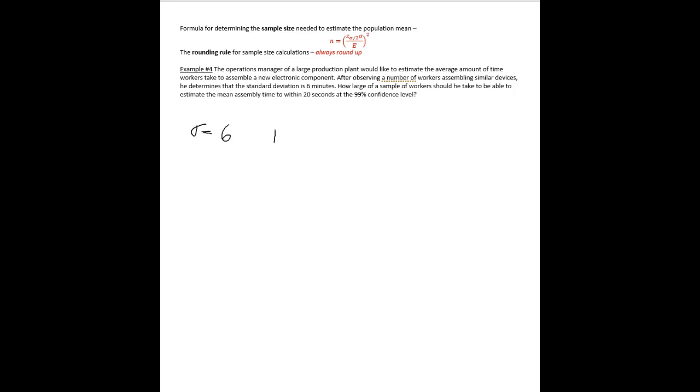In terms of minutes, our margin of error is equal to 1/3 of a minute, at a level of 99% confidence. So this implies that we have an alpha equal to 0.01, and furthermore, an alpha half equal to 0.005.